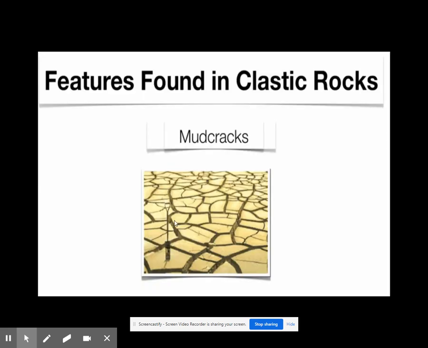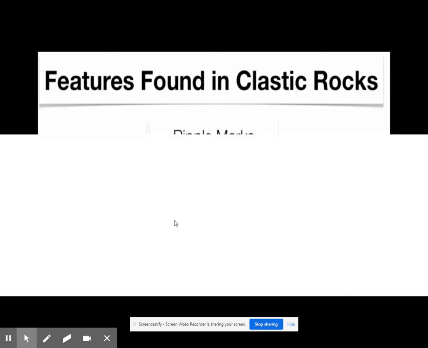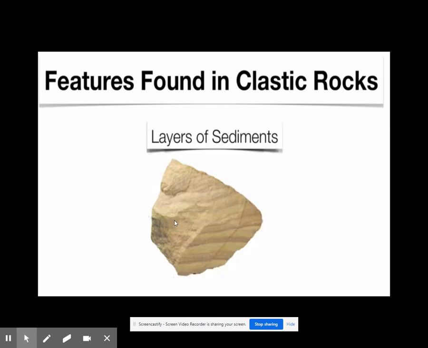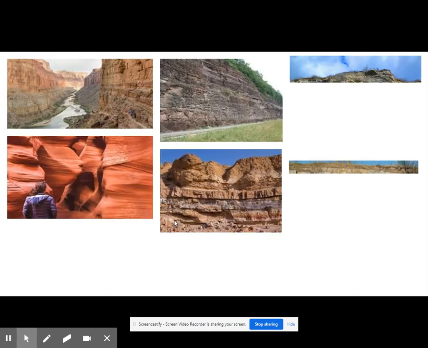Here's another thing you'll find in these clastic rocks: mud cracks. Sometimes the sand near the beach dries out and forms these cracks in the sediment. We can also find ripple marks because these are ocean marine features. And we'll notice layers of sediments because, like I said, you start having deposits of layers on top of each other, burying the sand layers below.